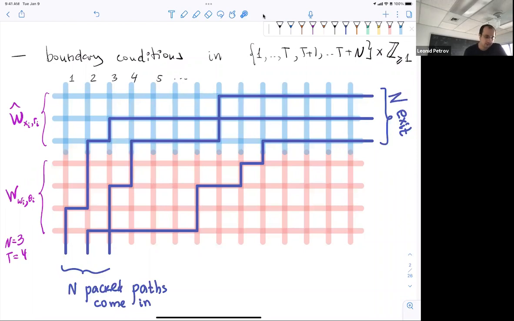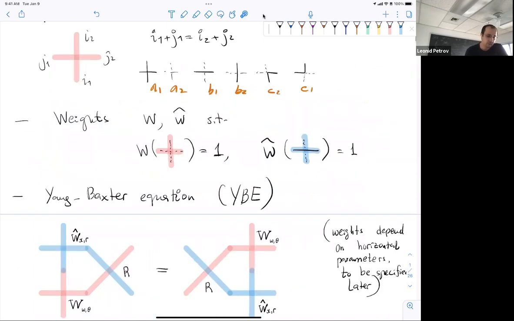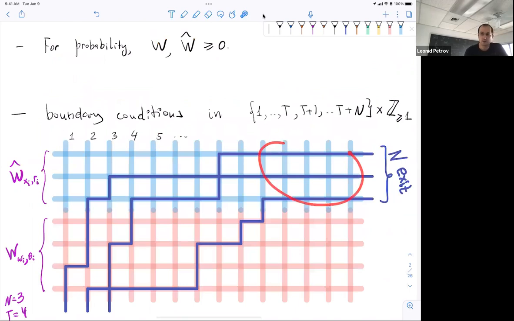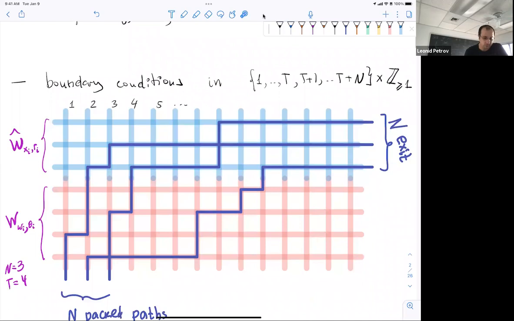Then every other boundary condition is empty. So I picked my weights normalized such that the weight of B1 in blue is equal to 1, which happens infinitely often here. And the red weight of the empty vertex is also 1, which happens infinitely often here.